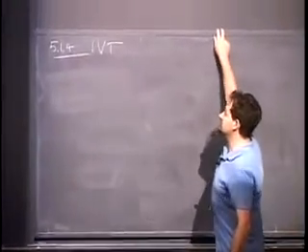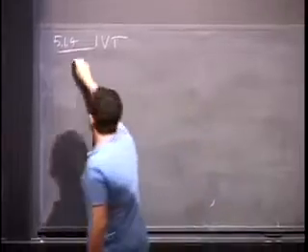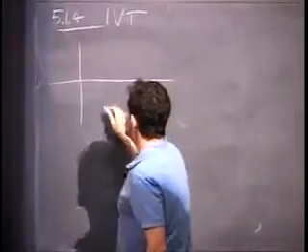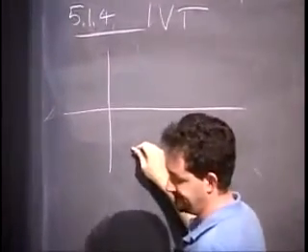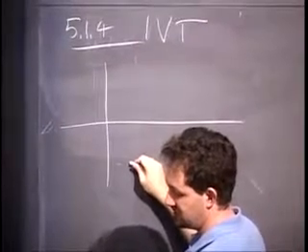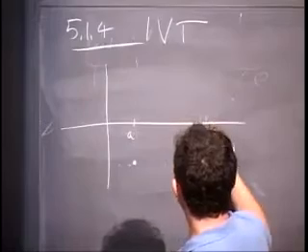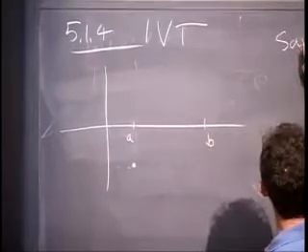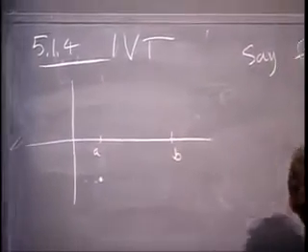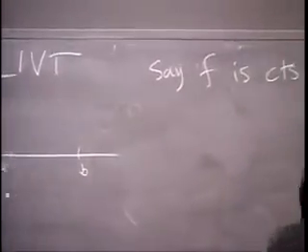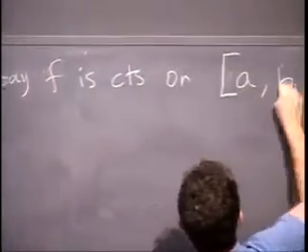The first one is called the intermediate value theorem, and here's the basic gist of it. Suppose that I have a function that's continuous, and I happen to know it's continuous, so say f is continuous on the closed interval [a, b].